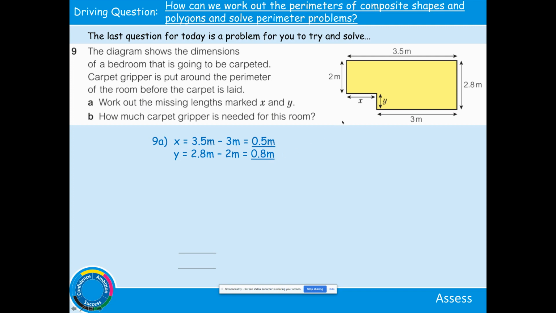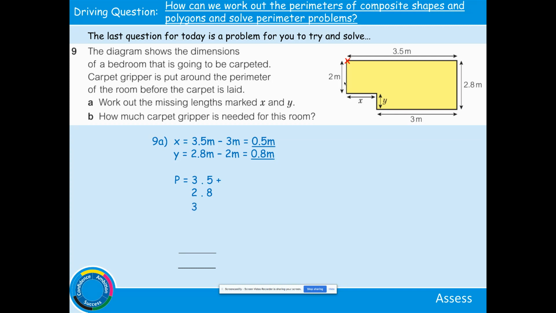Now to find the perimeter, so that we know how much gripper we need, 3.5, add 2.8, add 3, add 0.8 for Y, add 0.5 for X, and add 2. Now, because I've got decimals and things involved, I'm going to do this in column. So I've got my 3.5, add 2.8, add 3.